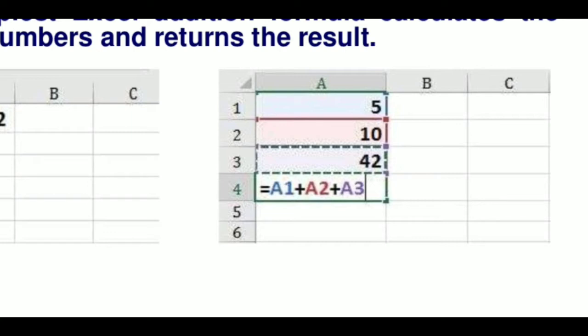So to add these values we can write formula like equal to A1 plus A2 plus A3. Then just by pressing enter key the values will be added. So this is the method how to use formula to add values.